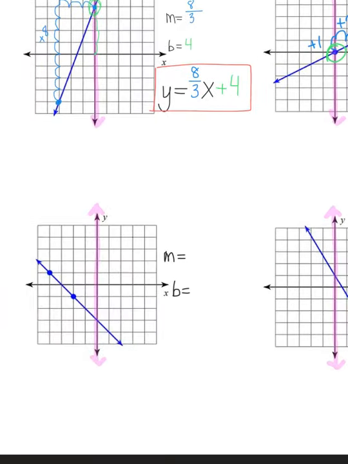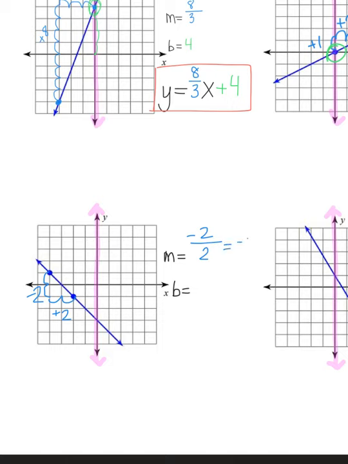Next one, the 2 points are chosen for me already, so starting at the left point, I'm going to rise 1, 2, so I went down, that would be negative 2, and then 1, 2 to the right. So my slope is a rise of negative 2 and a run of positive 2.